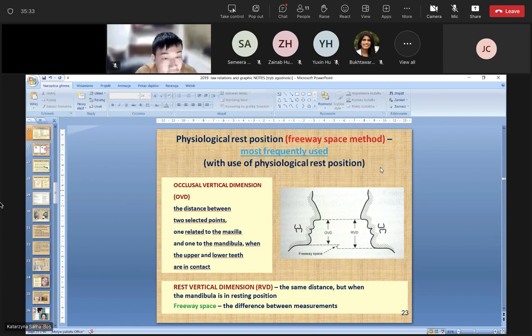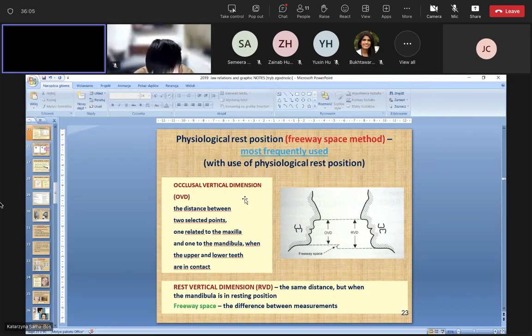And in this method, we need to know what occlusal vertical dimension, OVD, and rest vertical dimension, RVD, mean, as you see here. The occlusal vertical dimension is the distance between 2 selected points, one related to the maxilla and one related to the mandible, when the upper and lower teeth are in contact.